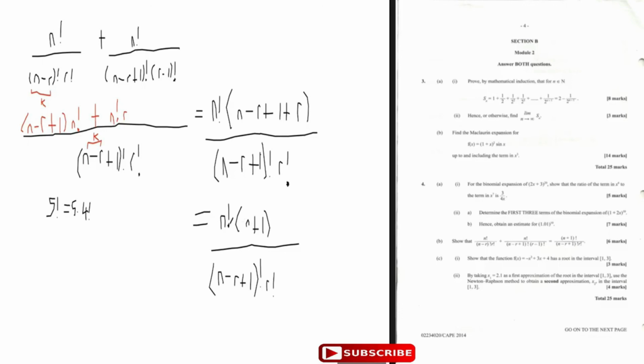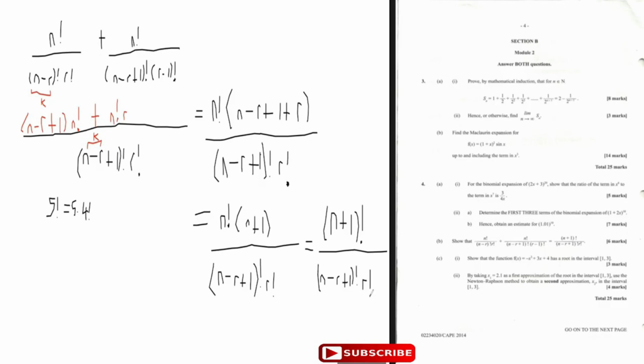But then (n plus 1) times n factorial is (n plus 1) factorial. That's how we prove that question. That's (n plus 1) factorial over (n minus r plus 1) factorial times r factorial.